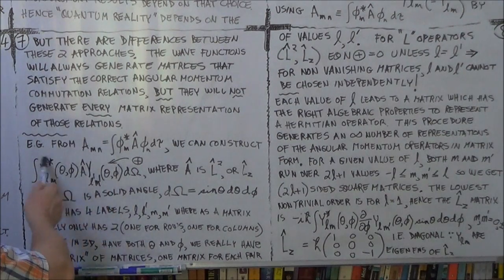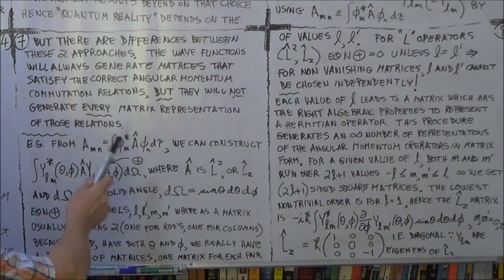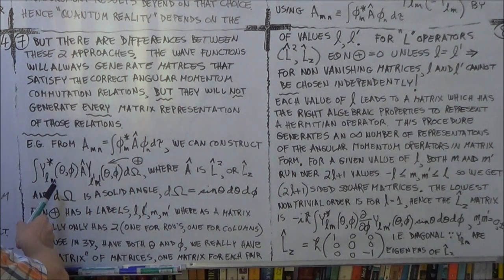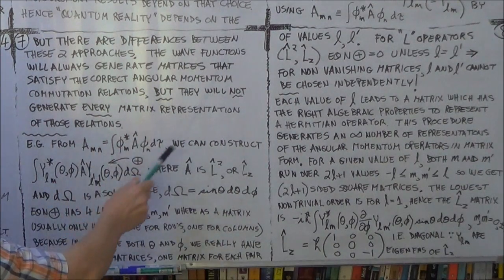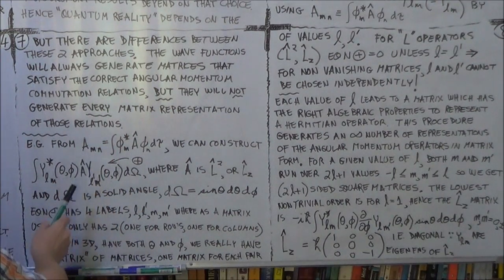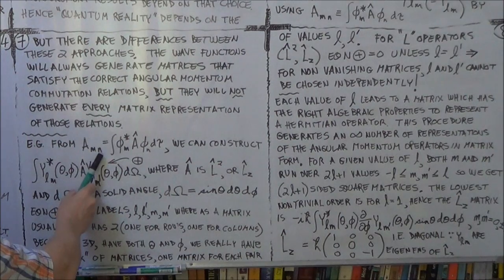Okay? So you can look on this as a kind of matrix, where the size of the matrix now will be, if you think about it, this M would correspond to like here, and this M dashed would correspond to here.